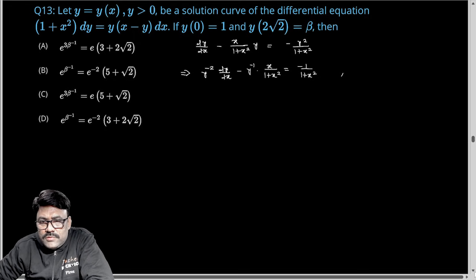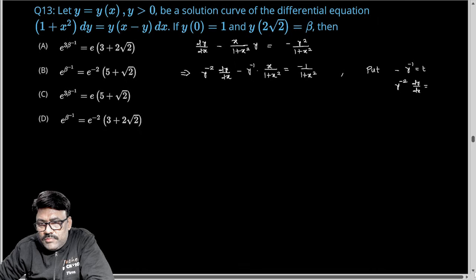Now let's substitute minus y⁻¹ as t. If you differentiate it, its derivative is minus y⁻² dy/dx, that is dt/dx.